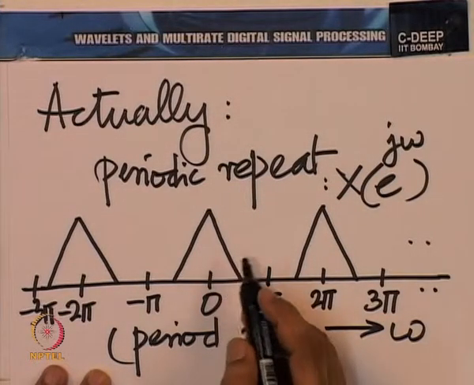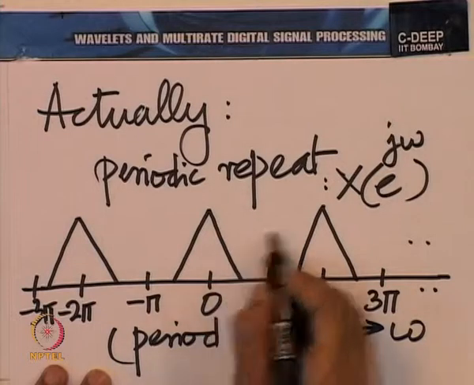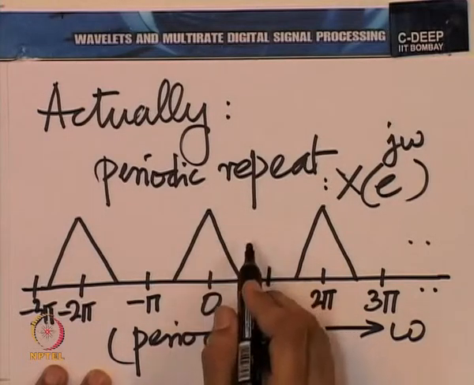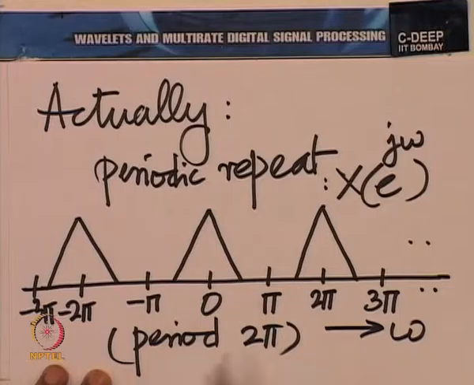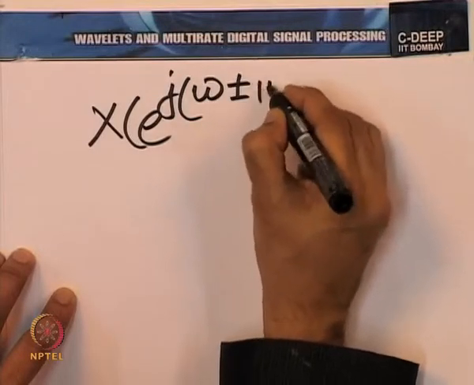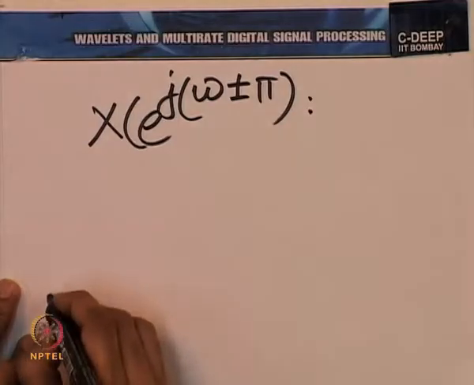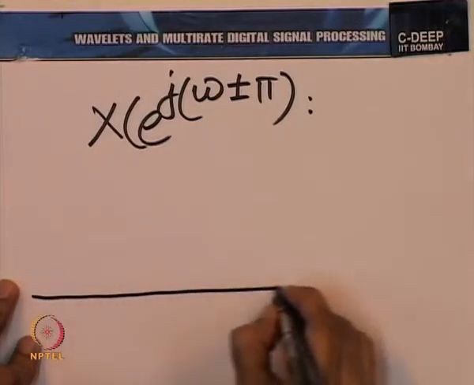You can visualize that if you shift this either forward or backward by pi, it is going to give you the same thing, and what is going to appear after shifting by pi is the following. It would therefore appear like this.